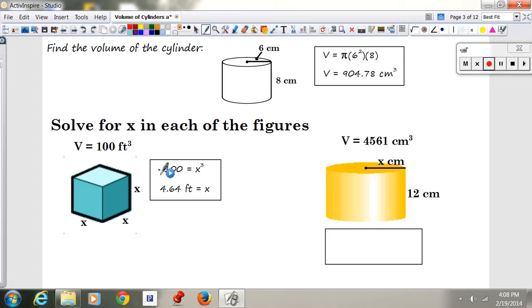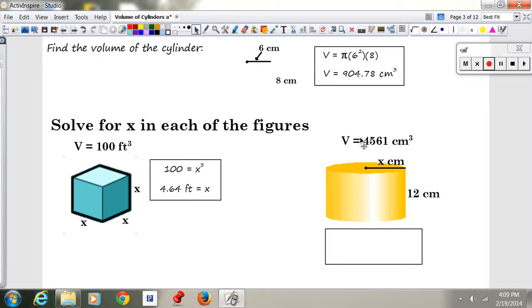I'm trying to write with a mouse, so that's why it looks a little weird. You took your third root on both sides. The third root of 100 would be 4.64, meaning that 4.64 times 4.64 times 4.64 is going to give you really close to 100. So that would be your cube.